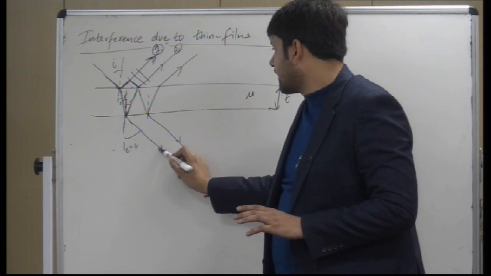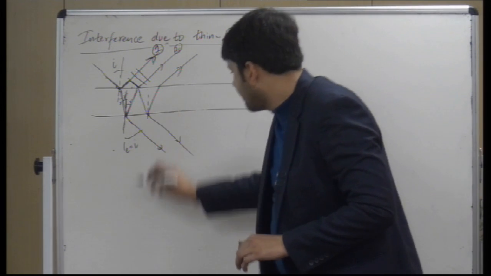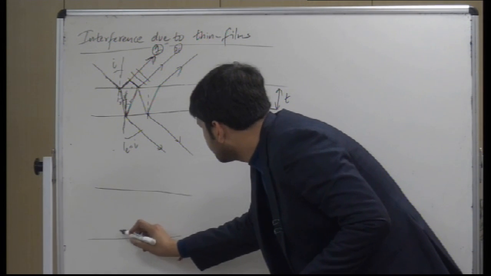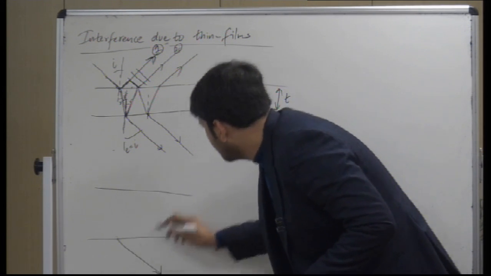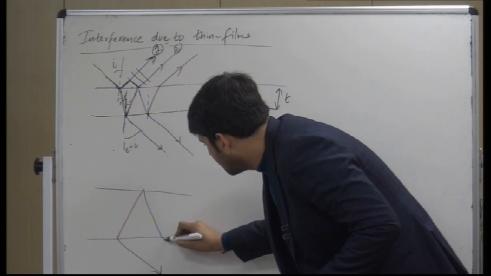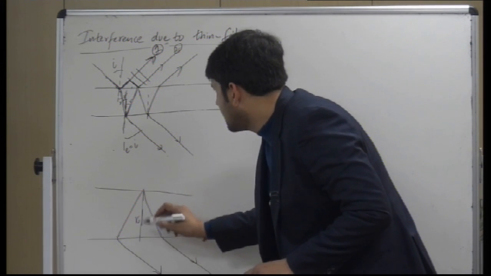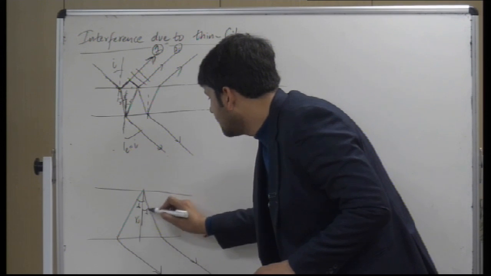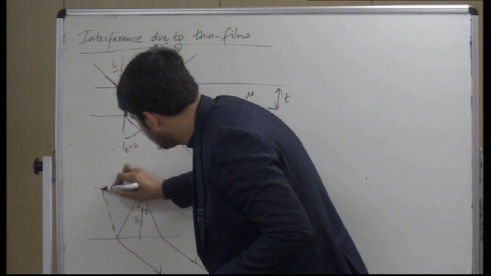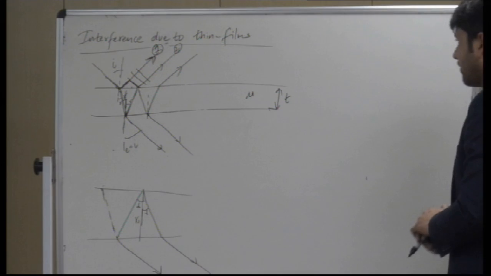Even for refracted rays, this kind of effect comes in. So let's first discuss for refracted rays actually. This is ray 1, ray 2. The thickness is T. The angle is R. JEE asked a question on this in some year, interference of thin films.